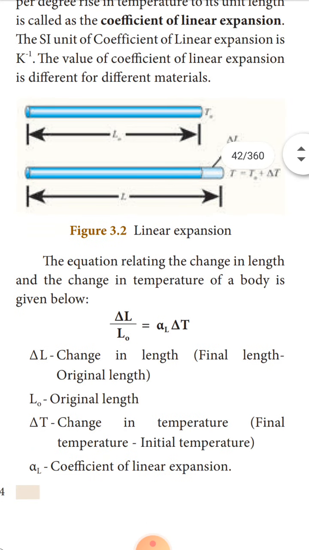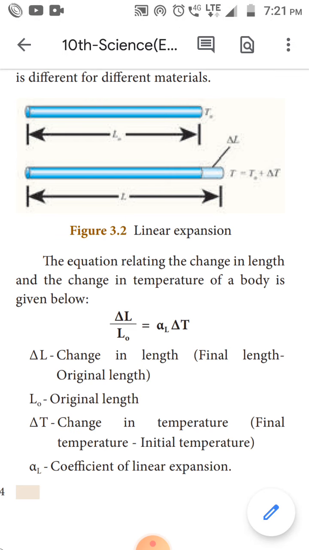The equation relating the change in length and the change in temperature of the body is given below: delta L by L0 is directly proportional to delta T, that is, delta L by L0 equals alpha L delta T. Delta L is the change in length, final length minus original length. L0 is the original length.